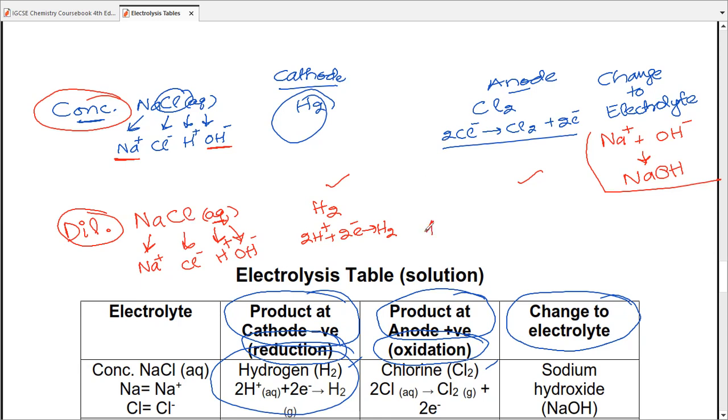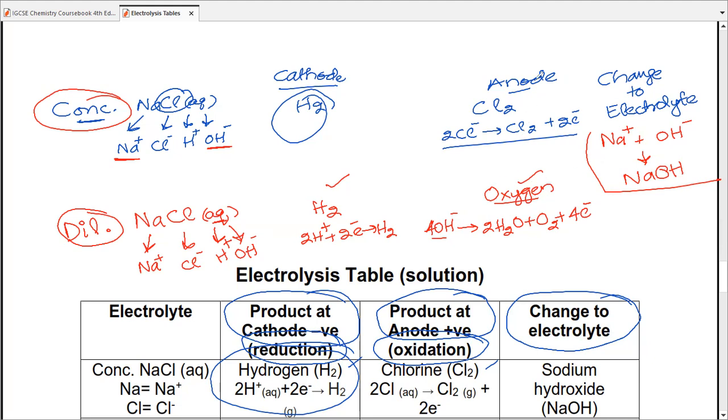If we remember the reaction of hydroxide, 4OH negative go to the anode, they form two molecules of water, they form one molecule of oxygen, and they give away four electrons. So the product over here is going to be oxygen, since water was already part of the system, right? So yes, these ions go to the anode, but they form oxygen over there.